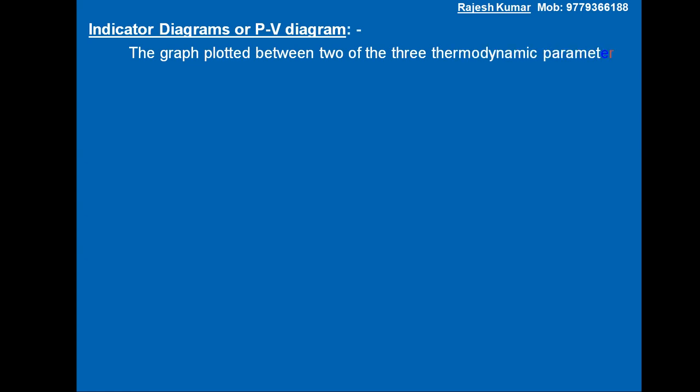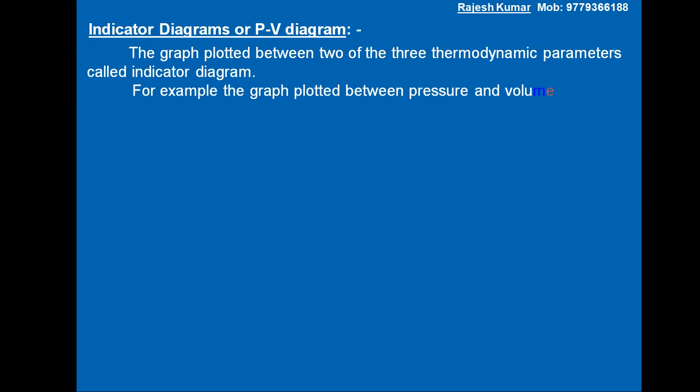The graph plotted between two of the three thermodynamical parameters is called indicator diagram.